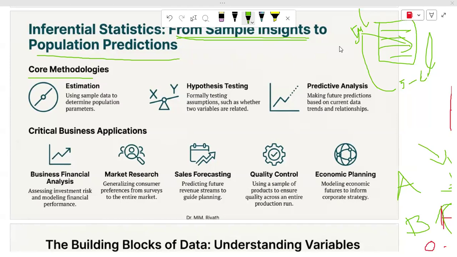Based on the data, I can draw graphs, a bar chart, a pie chart.